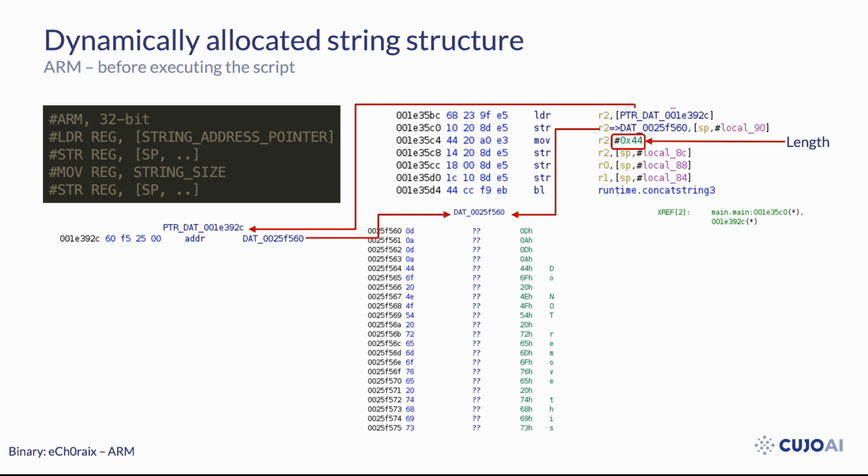Rather, there is a pointer used which will point to the address of the string. So there is one extra step here, but after that it's very similar. Then we will also place all this information onto the stack before we call the concat string function along with the length of the string.